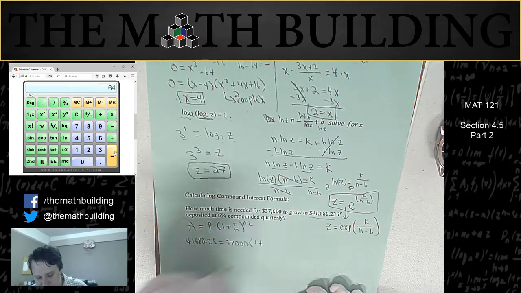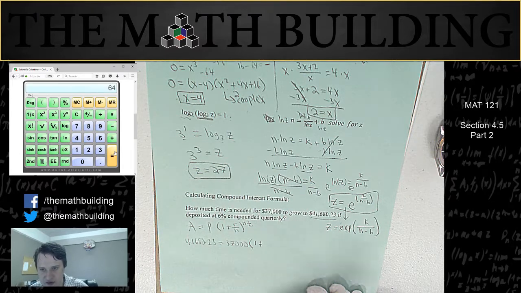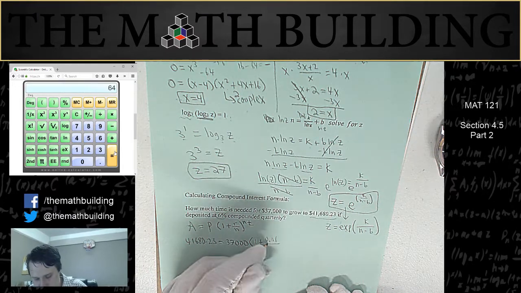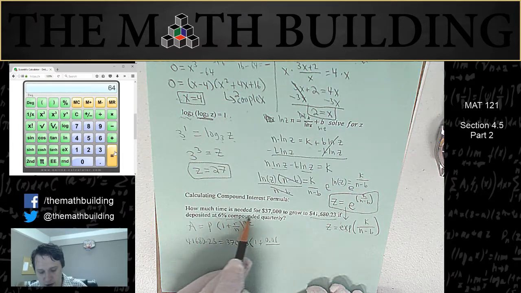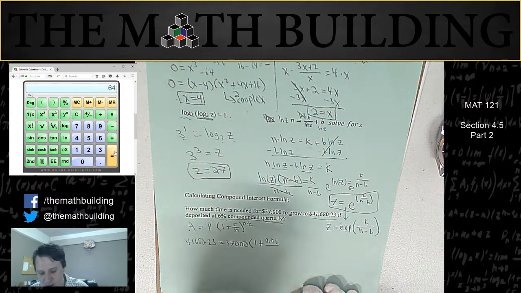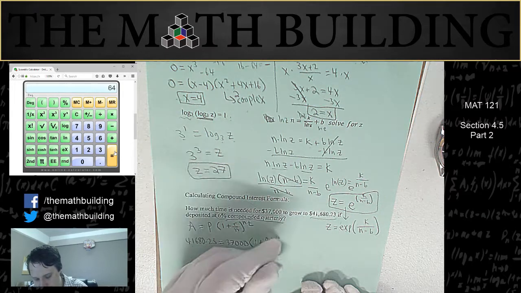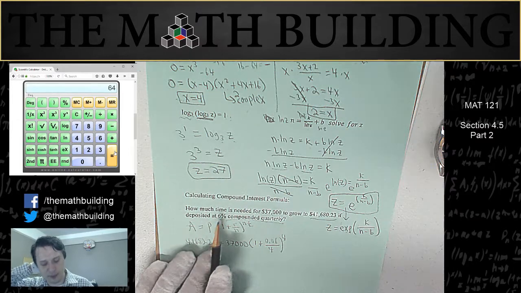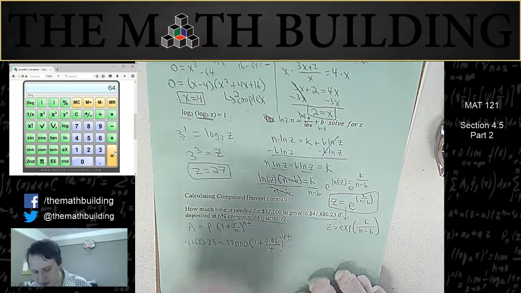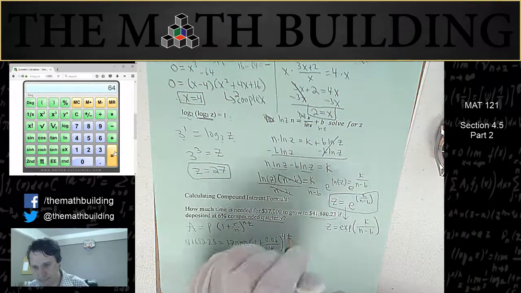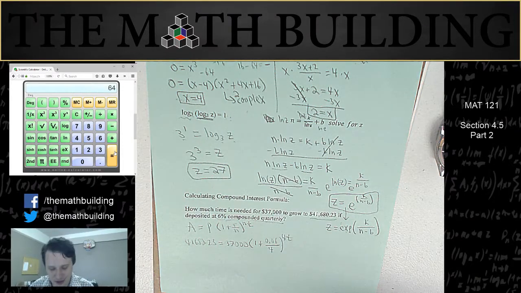It's 1 plus our interest rate, which is 6%, so you plug in 0.06 divided by 4, because we're compounding quarterly. N is the number of times we compound a year, so that's 4. And 4 up here. And it needs to know how much time is needed, and so I actually don't know what t is. So we are going to solve this equation for t right there.